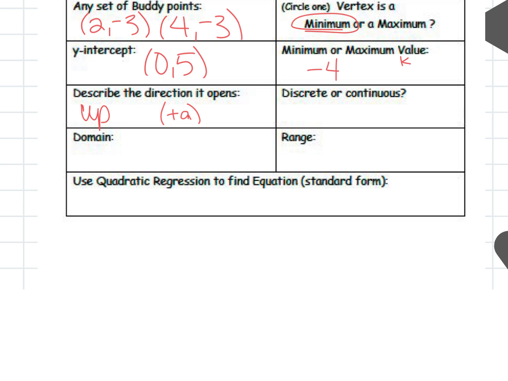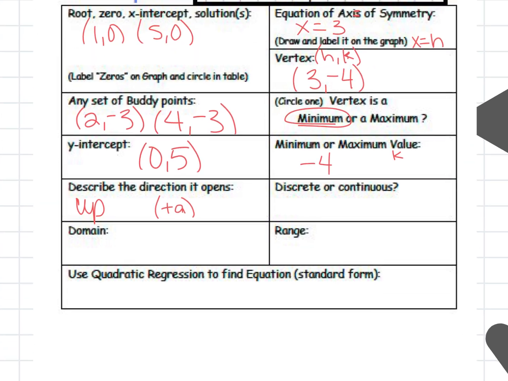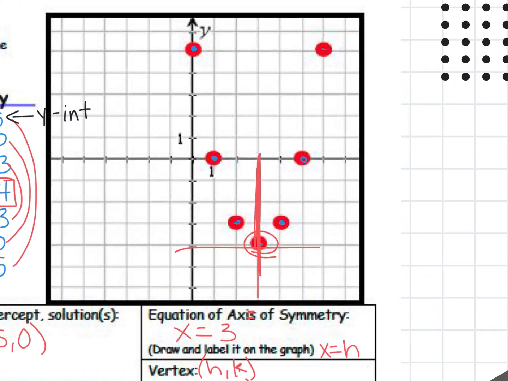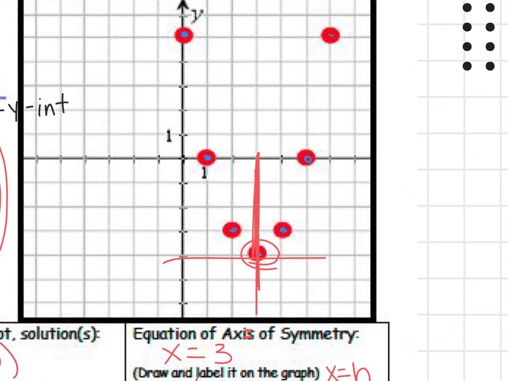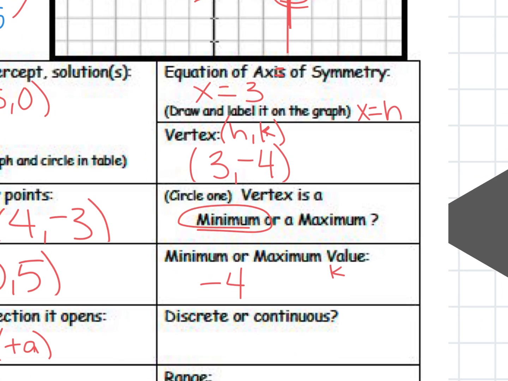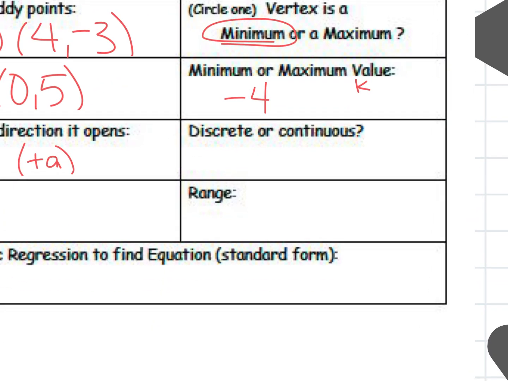Okay. Continuous or discrete domain and range. Okay, what do you see when you look at this graph? You just see a bunch of what? Dots. Is that discrete or continuous? Discrete. They both start with D. So remember, when we have discrete information, we just have dots.